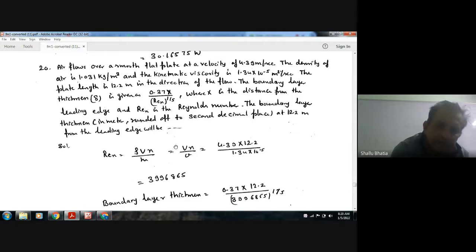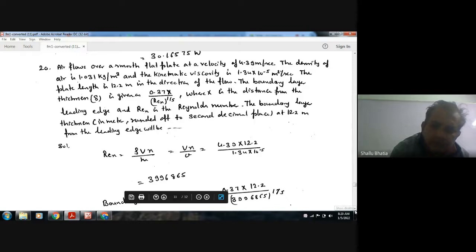Rex becomes V x by nu, where V is 4.39, x is 12.2, and nu is 1.34 into 10 to the minus 5. Putting these values we can get Rex, and then with the given formula for boundary layer thickness, 0.37x divided by Rex to the power 1 by 5, we just use the value of Rex and put it here, with x given as 12.2.